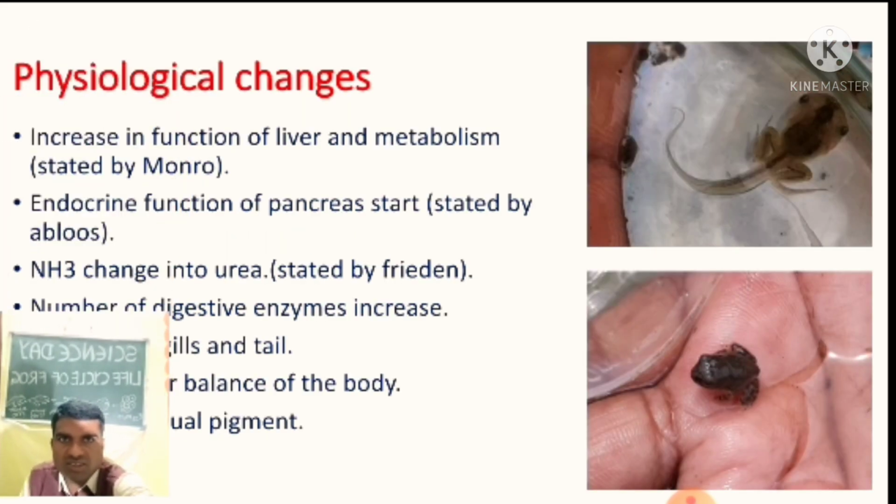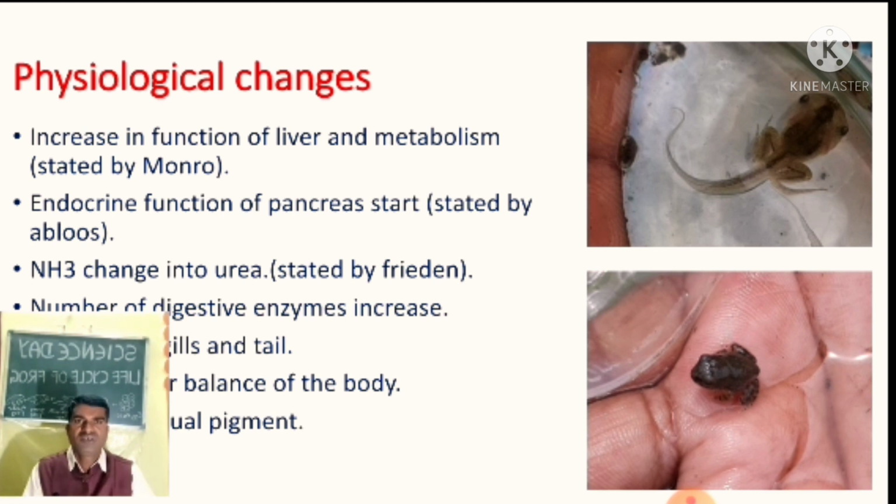And next one, some changes, that is the physiological changes: increase in function of liver and metabolism stated by Monroe scientist. Endocrine function of pancreas starts stated by Oblus. Ammonia change into urea stated by a scientist.